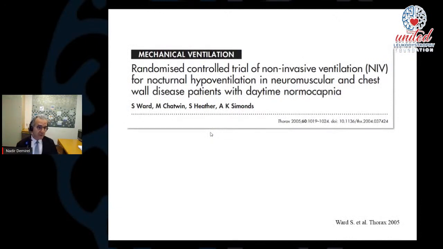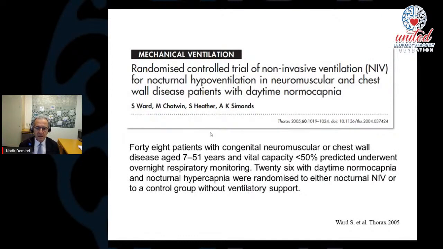So unfortunately, we don't have good studies about when and how to start non-invasive ventilation in people who need it. This is almost the only study, done quite some time ago, published in 2005. They looked at 48 patients with muscular disease, congenital neuromuscular disease, and some chest wall disease, with a broad range of ages; you see that it's not just pediatrics, but adults.